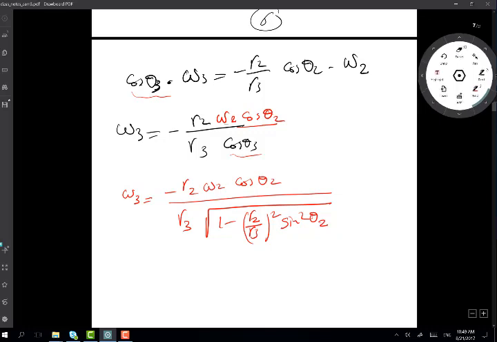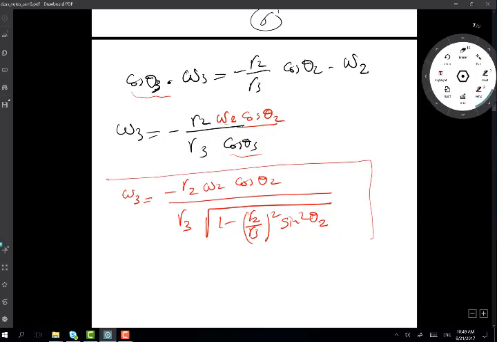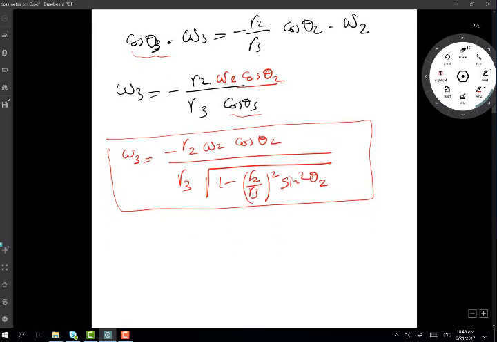All right, so this gives me an expression of omega 3 as a function of the angle theta 2 and the crank velocity omega 2. Now, from this expression I can tell that when this cosine term is equal to 0, omega 3 is going to be equal to 0.